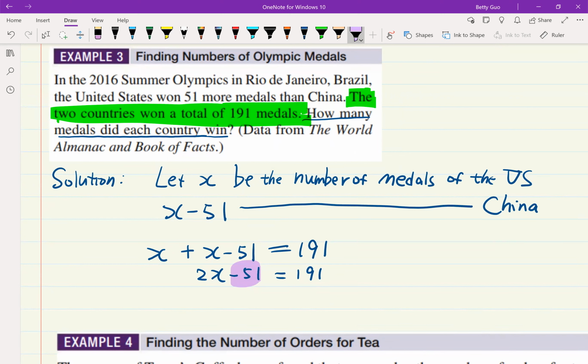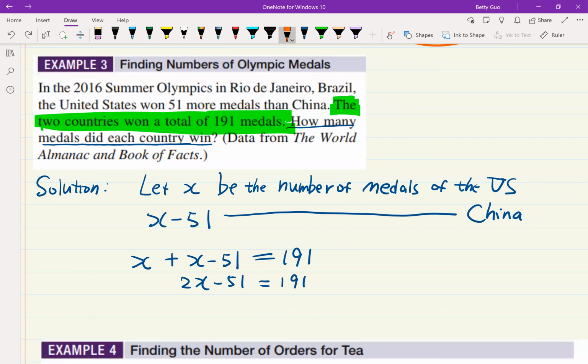Anyone has the result already? We need to isolate X on the left. Right now, on the left, we have 2X minus 51. How do we get rid of 51?